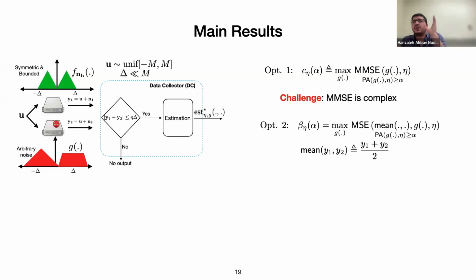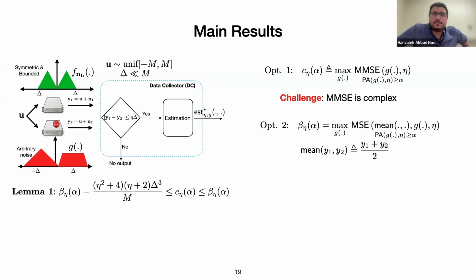Again, for each value of eta and each value of alpha, we try to find the maximum value of the mean square error for the case that the estimation function at the data collector is the mean of the inputs, and the probability of acceptance is at least alpha. So that's optimization 2. The only difference is that the estimation function is fixed. Now the estimation function is not a complex function of the noise distribution that the adversaries utilize. It's a much simpler problem compared to optimization 1.